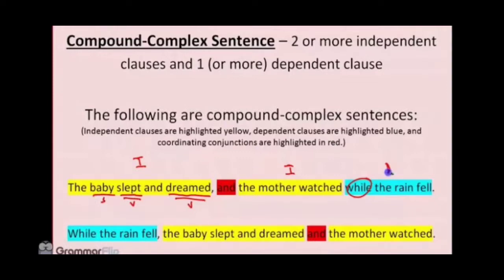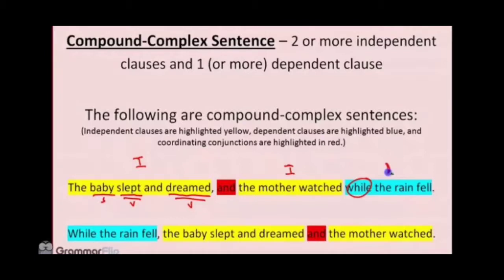So as I told you, in a compound complex sentence we have 2 or more independent clauses and 1 or more dependent clauses. So next one is the dependent clause. See here, for that we are using the conjunction while: while the rain fell. So the sentence is, the baby slept and dreamed and the mother watched while the rain fell. Look at the next sentence.